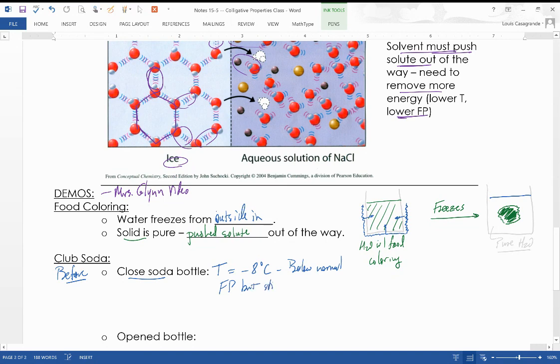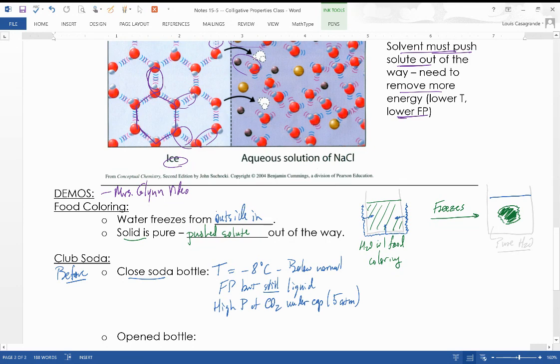But still a liquid. So it hasn't frozen yet. What's going on inside the bottle is that we have a high pressure of CO2 under the cap. And I may have mentioned this before, they actually keep that pressurized to about 5 atmospheres.